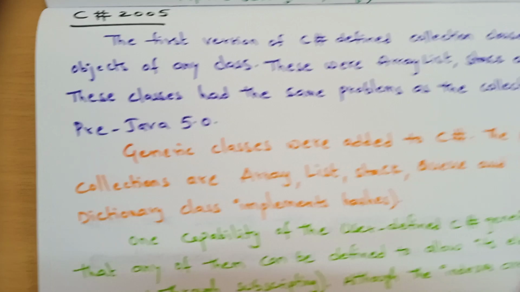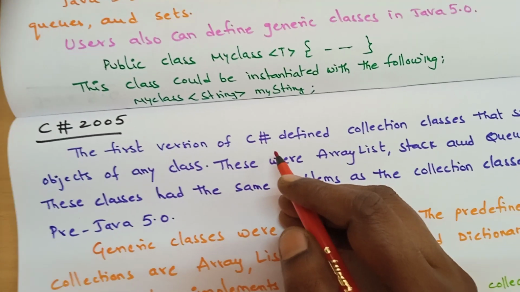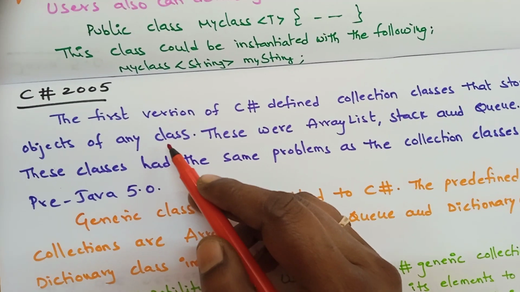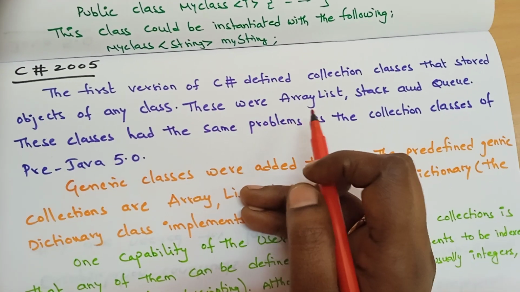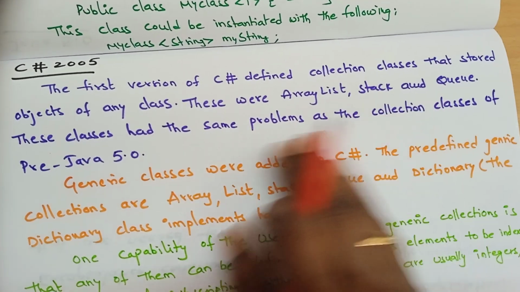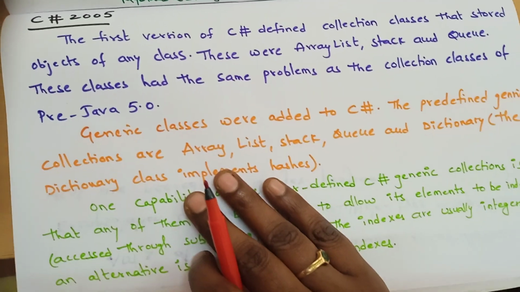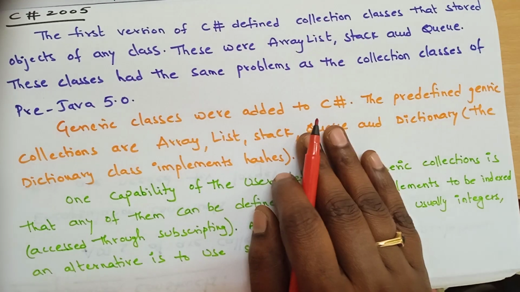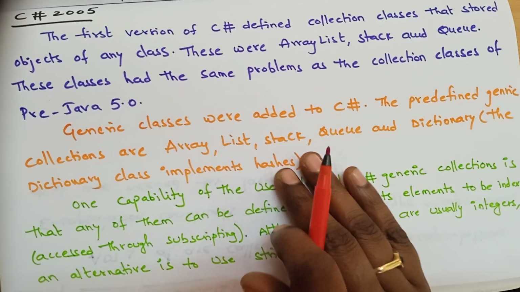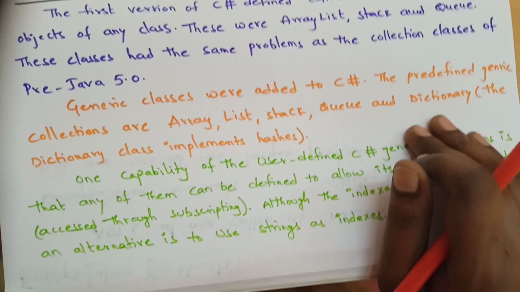Coming to C#, the first version of C# defined collection classes that stored objects of any class. These were ArrayList, Stack and Queue. These classes had the same problems as the collections of pre-Java 5.0. Generic classes were then added into C#. The predefined generic collections are array, list, stack, queue and dictionary.